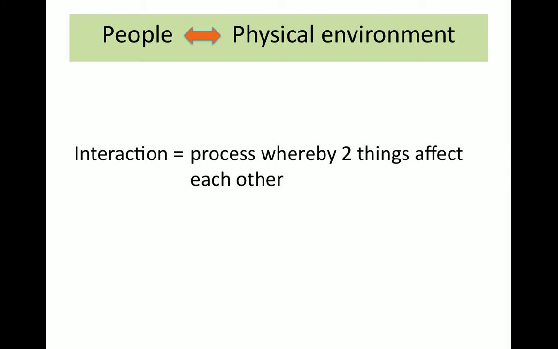It would be the two of you sharing your thoughts and opinions, which could well influence, change, and affect each other. Similarly, when we look at the human environment, it is definitely a result of a two-way interaction between humans and the physical environment that results in something or some changes.